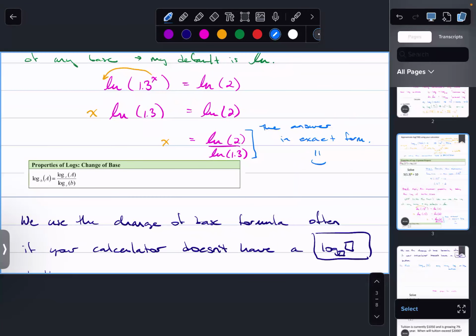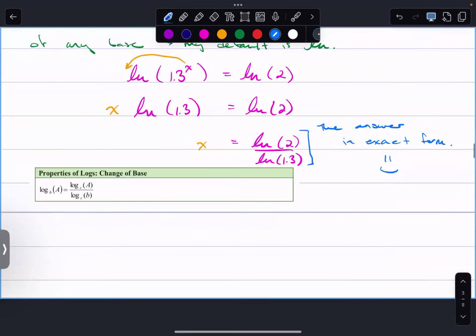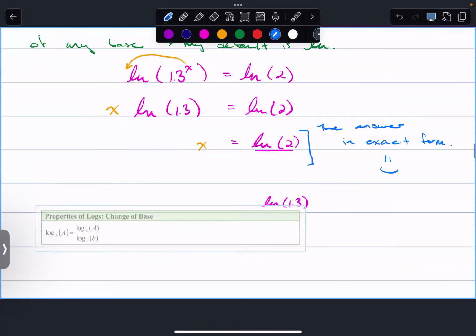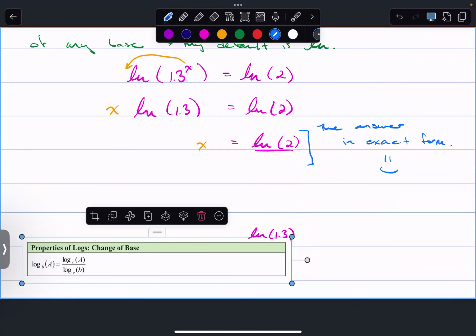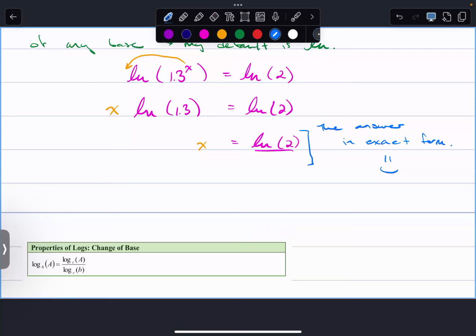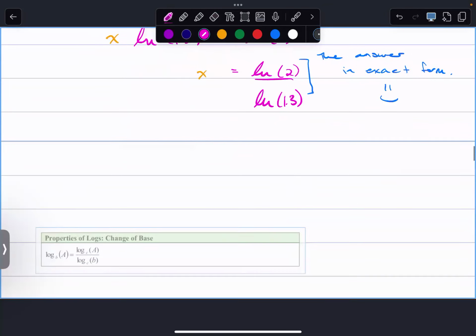Let me add a page here. I have too much to say. Let me rewrite that and bring this down here.